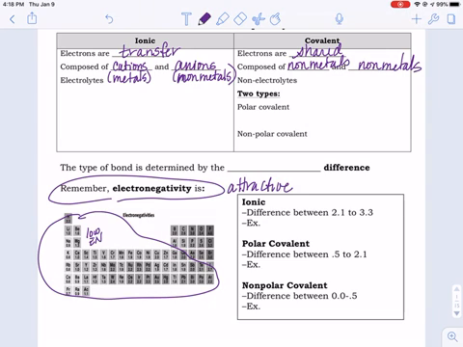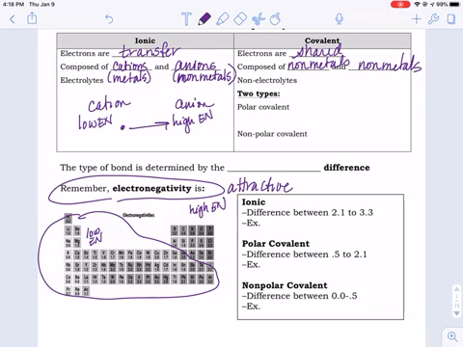The nonmetal has a high electronegativity. And consequently, that electron, if this is my cation with a low electronegativity, and my anion with a high electronegativity, that electron is attracted to the anion, and it actually jumps ship and goes to the other atom. So you end up with a positive charge and a negative charge.